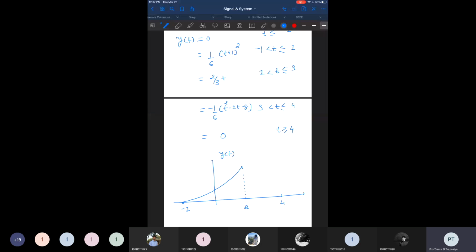Between 2 to 4, it may be verified. So this function is 1 by 6 (t plus 1) whole square, this function is 2 by 3 t, and this function is minus 1 by 6 (t square minus 2t minus 8). That way we can identify the signal.